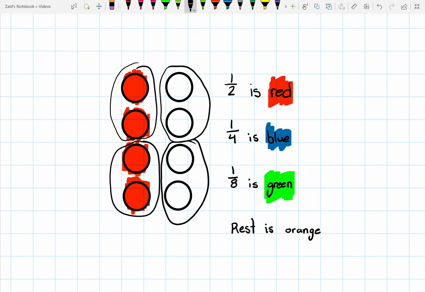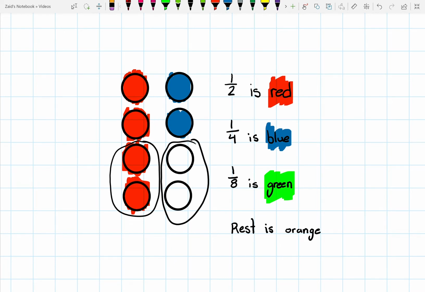And it said that only one of the groups is blue. So I won't pick the 2 red groups because that's already shaded red. So I'll pick this one. So here's 1, 2. Now I know that two marbles are blue and 4 marbles are red so far.